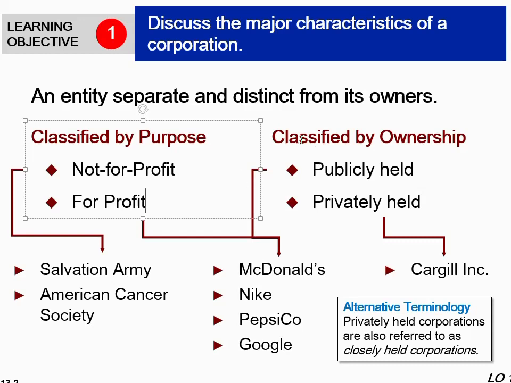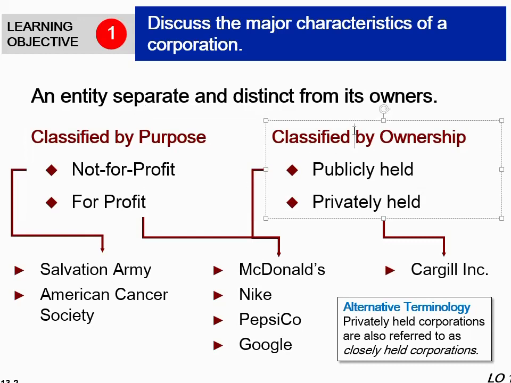The second way of classification for the corporation is how you classify them based on the ownership. When I say ownership, I have two categories. Number one is publicly held, and the second one is privately held. Publicly held are those corporations whose owners are the general public.